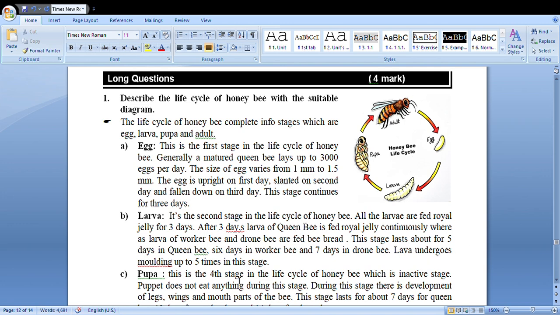Larva undergoes molting up to 5 times in this stage. Molting means it sheds its outer cover.